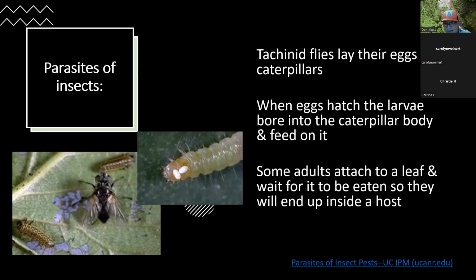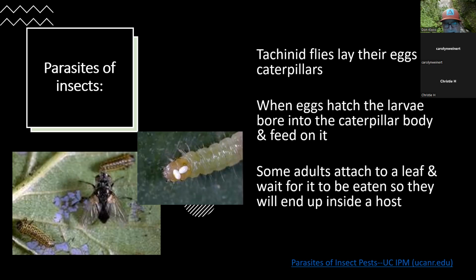And in that way, they enter the insides of what now becomes a host animal. So they end up in the digestive tract of a host animal. So that's kind of different. They've got two different ways of operating.